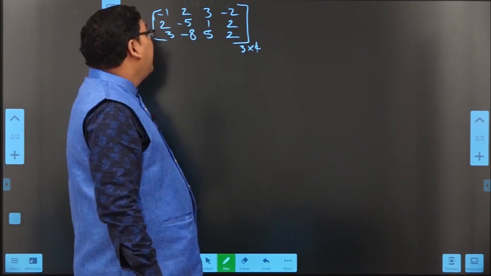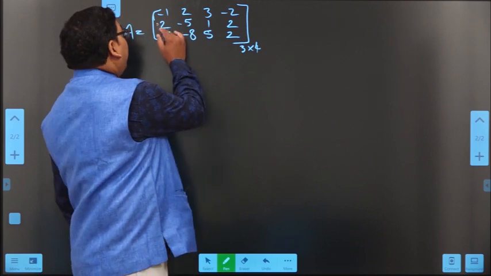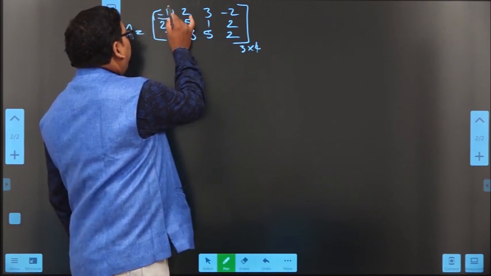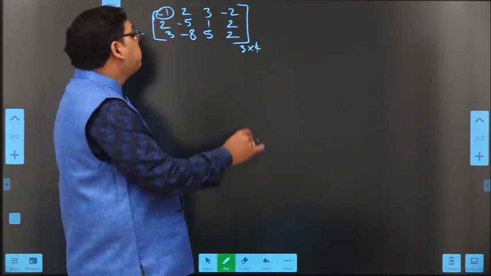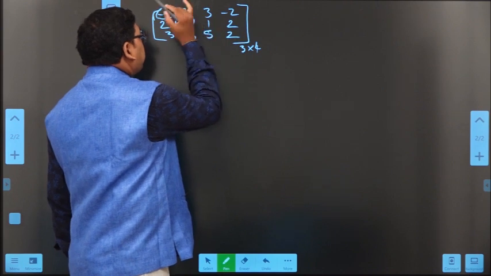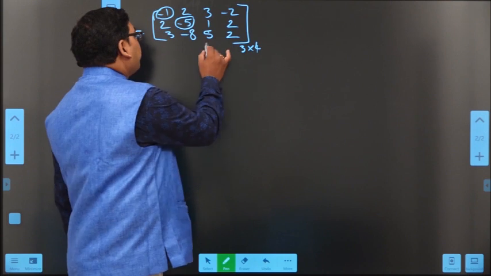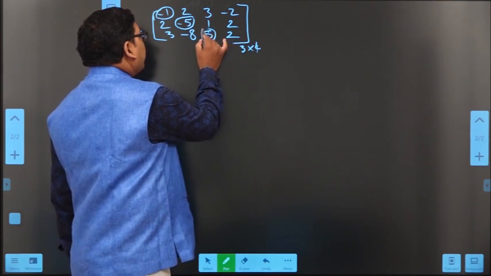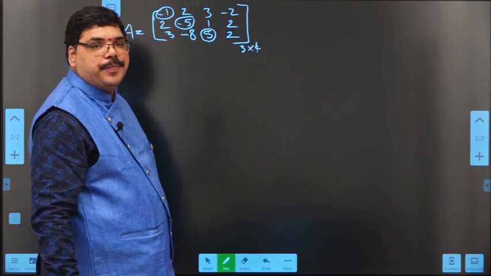Okay. What are the principal diagonal elements? This is the first diagonal element, minus 1. This is the second diagonal element, minus 5. Third diagonal element, 5.